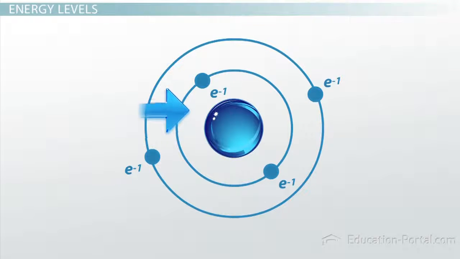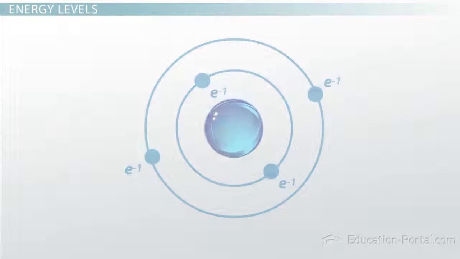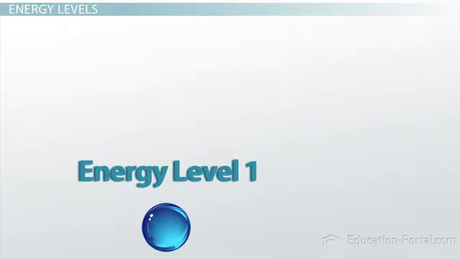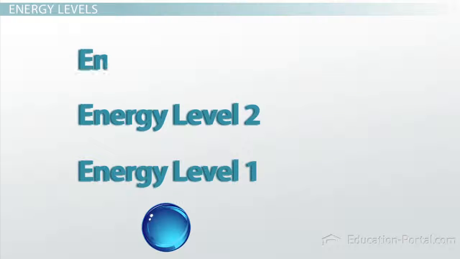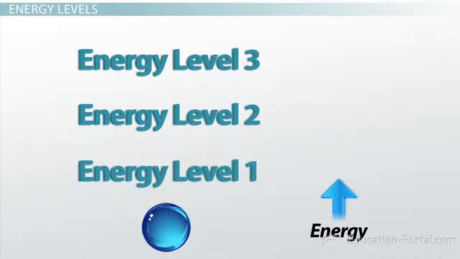So as I move out in energy levels away from the nucleus, the electrons that occupy these energy levels have more and more energy because they've been pulled farther and farther away from this nucleus. So if I was to talk about the first energy level, the second energy level or the third energy level, there is more energy associated with energy levels as they increase in number. So energy is increasing as we increase the number of the energy levels.